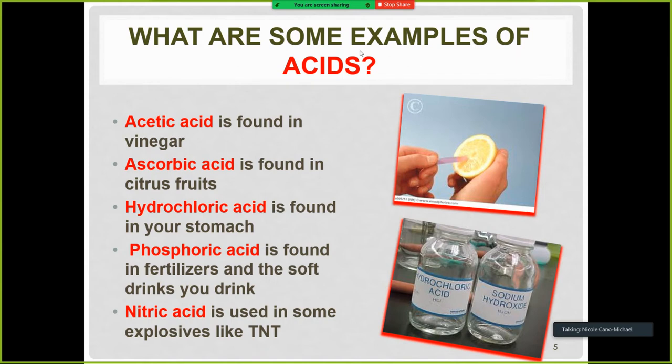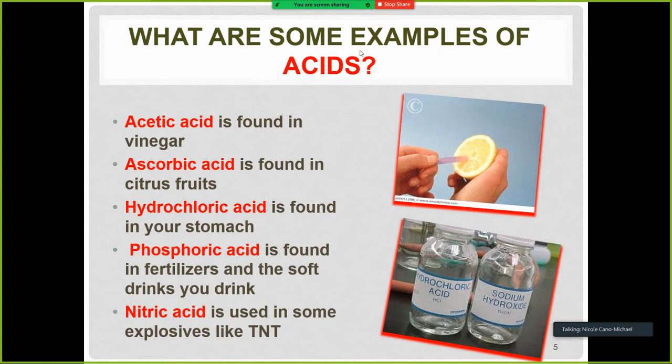So oranges, lemons, limes, that is ascorbic acid. By the way, a lot of your favorite fruit flavored candies, like Sour Patch Kids, Skittles, things like that, they also have ascorbic acid in them. In fact, anything that is going to have an artificial fruit flavor in it has ascorbic acid in it. So acetic acid, ascorbic acid, they're pretty weak acids, just FYI.